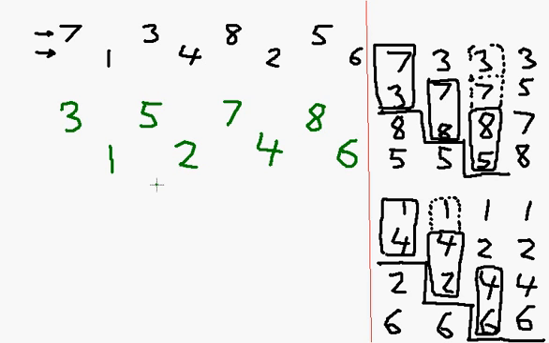Okay? So now what I can do is drop these 2 lists into one big list. So we've got 3, 1, 5, 2, 7, 4, 8, 6. Now these numbers are still not in order.